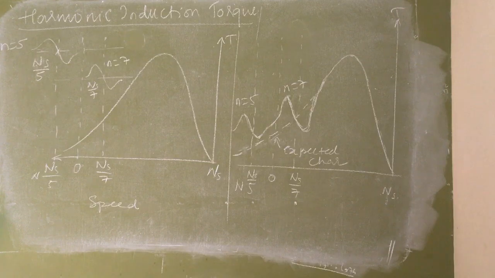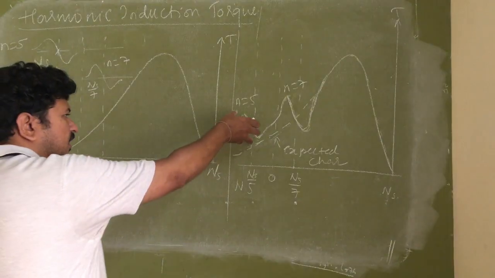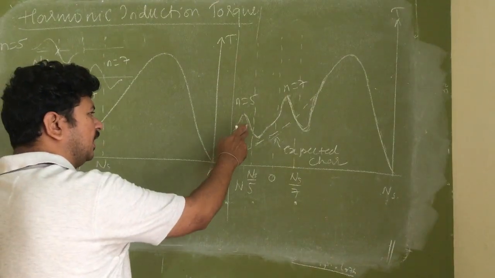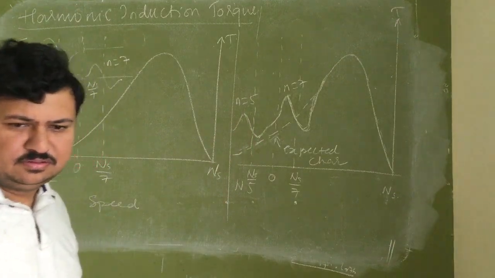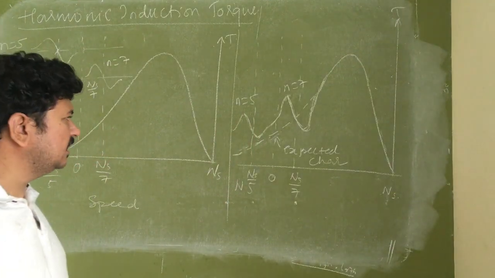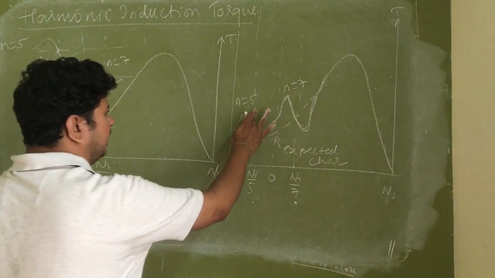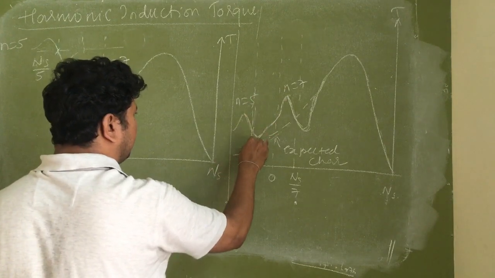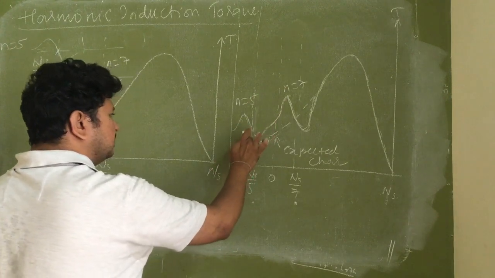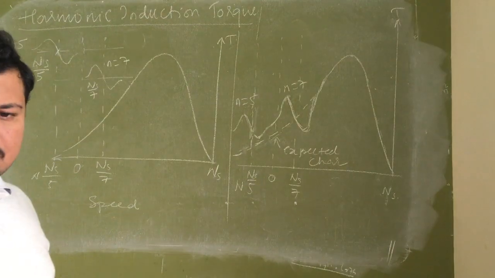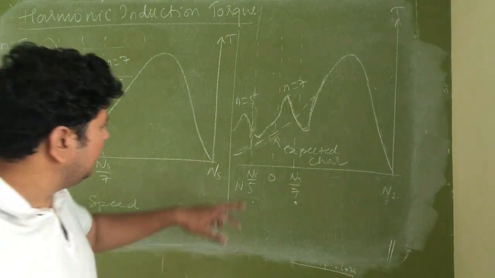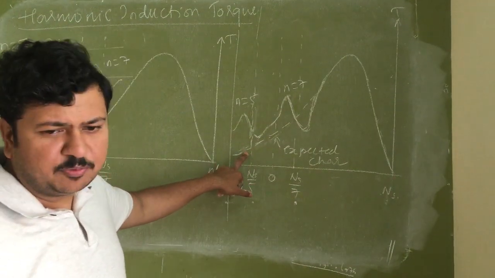The fifth order harmonic is producing the torque both in motor as well as generator action. The torque produced by the fifth order harmonic is sufficiently more than the actual torque requirement at this point of the speed.